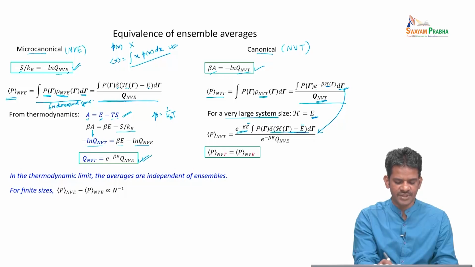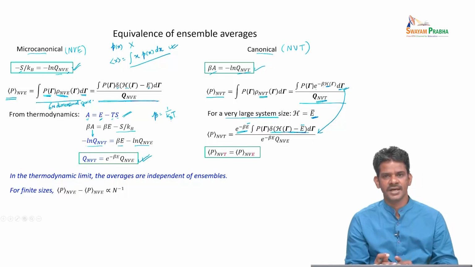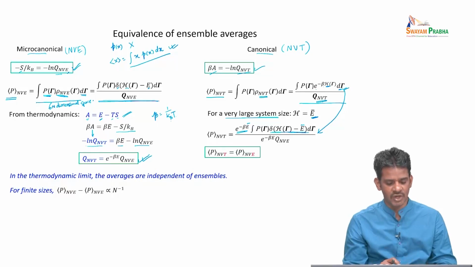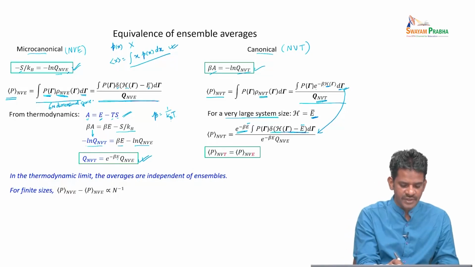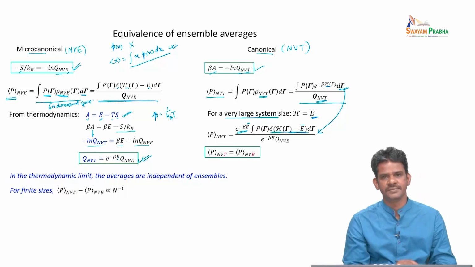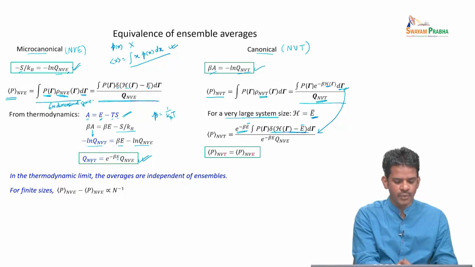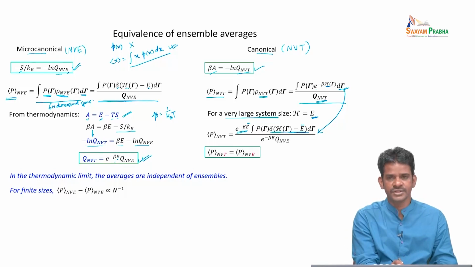So, this is a relationship that we are able to write for a classical thermodynamical system, in the sense the system is very large and the energy is about a mean energy of E. Even though in the q NVT the energies are allowed to fluctuate, here we are taking a mean energy value for a very large system.